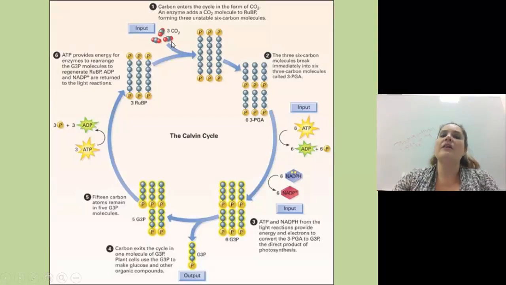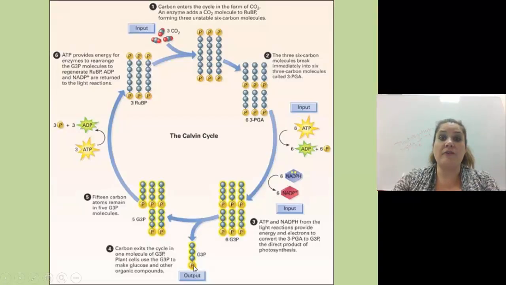So really quickly, this is how you'll see it made most often. Here are our 3 carbon dioxides. Here are our 5 RuBPs. Okay, we've very briefly got these 6 carbon molecules that are going to break apart into 3 carbon molecules. So we've got 6 3 carbon molecules. Then our ATP comes in, our NADPH comes in, we drop off energy, we drop off electrons, we've still got our 3 carbon molecules.